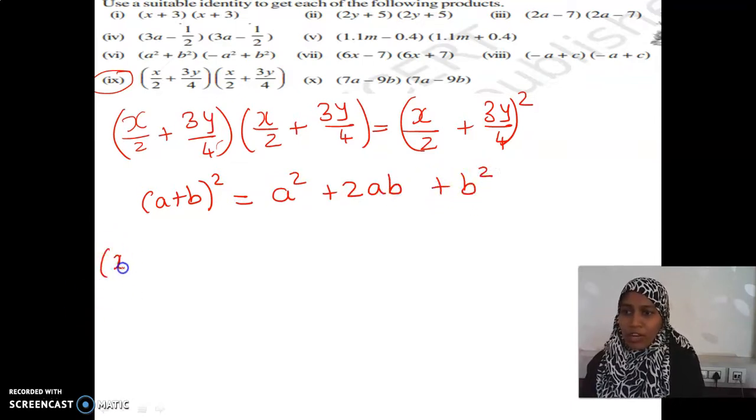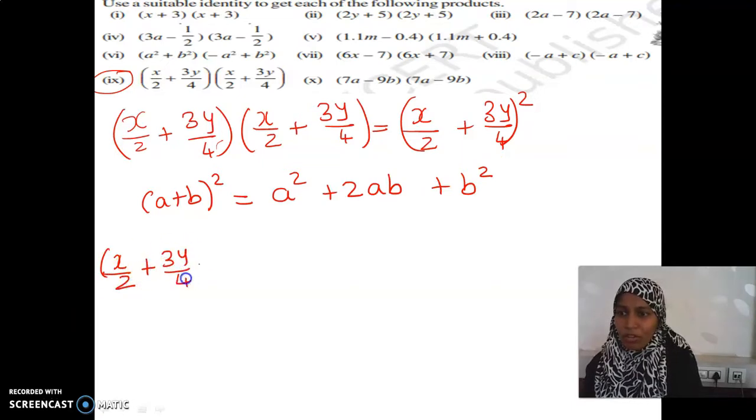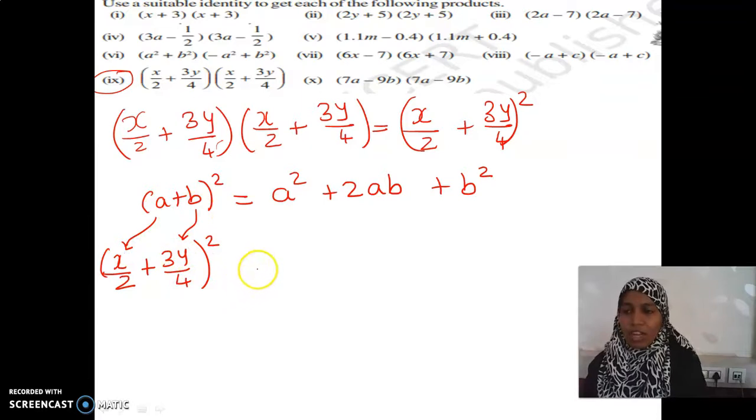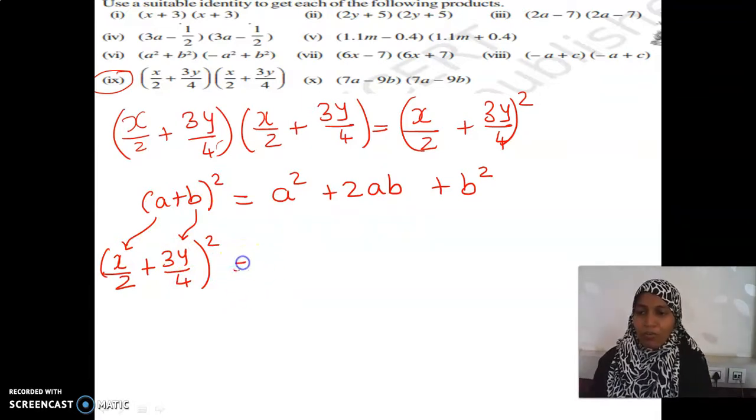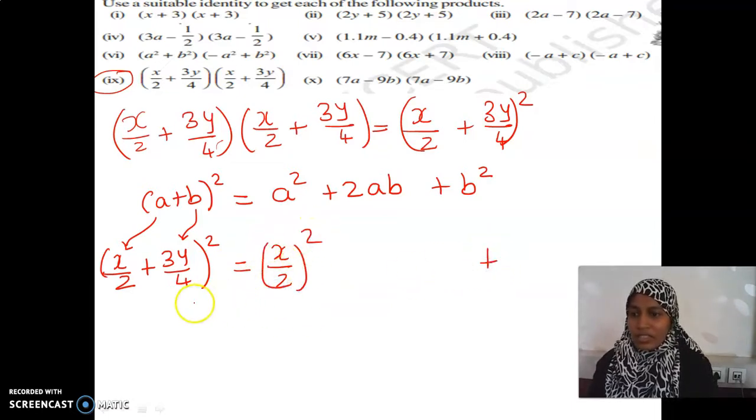What am I going to find now? (x by 2 plus 3y by 4) the whole square. In the place of a, I have x by 2. In the place of b, I have 3y by 4. So, (x by 2) the whole square. At last, this last term, (3y by 4) the whole square.